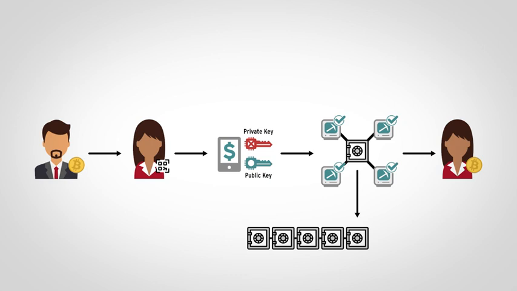Sonia now has this money available in her wallet, and whenever she applies her private key to this money, she will be able to spend it. So let's step back and look at the components of Bitcoin. So first of all, we have a transaction. The transaction, as in the example we just saw, was from Alex to Sonia.